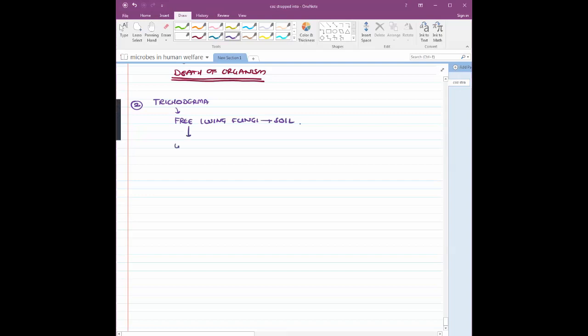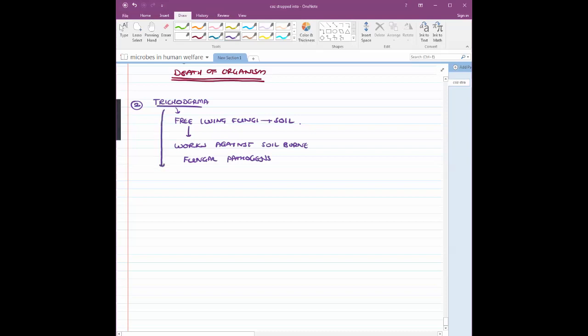So this works against fungal pathogens that infect the root, or I will say it works against soil-borne fungal pathogens.